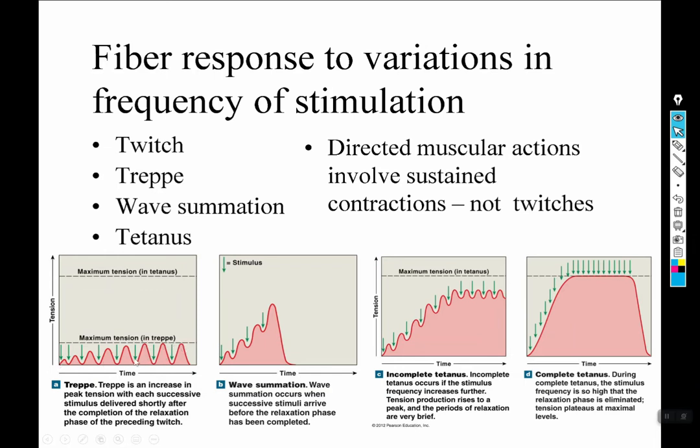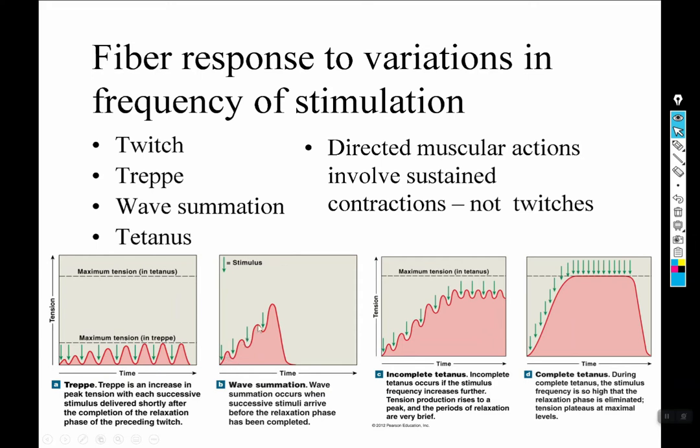Here, each successive stimulus is delivered shortly after the completion of the relaxation phase of the preceding twitch. So the next stimulus arrives once this fiber has already gotten back down to baseline and relaxed from its initial twitch. If the next stimulus arrives before the relaxation period has concluded, then we get what's called wave summation, where each peak is higher than the last because we're adding to the height gained from the previous twitch.